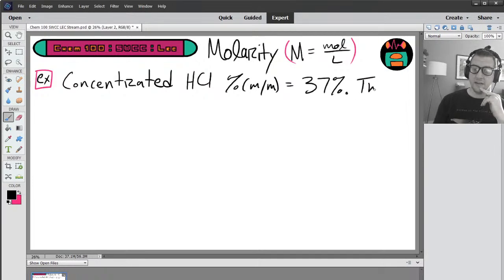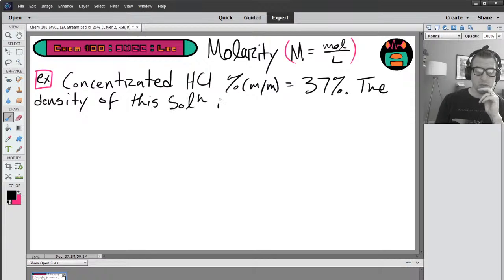The density of this solution is 1.013 grams per milliliter.